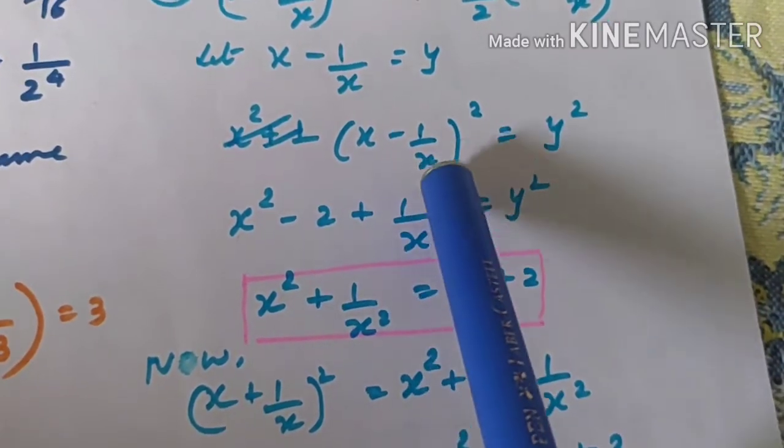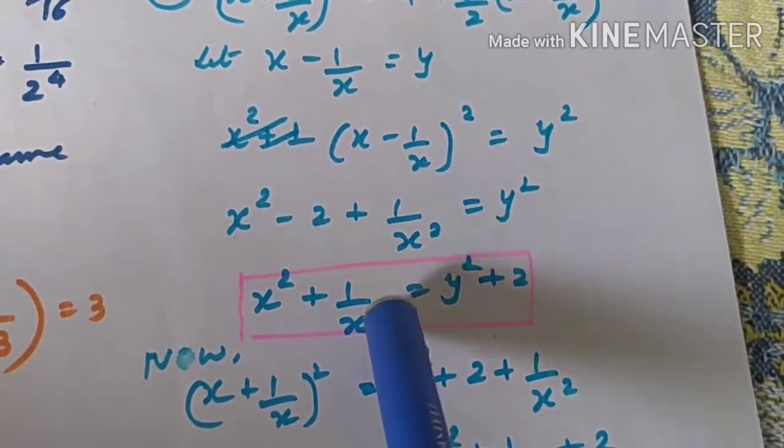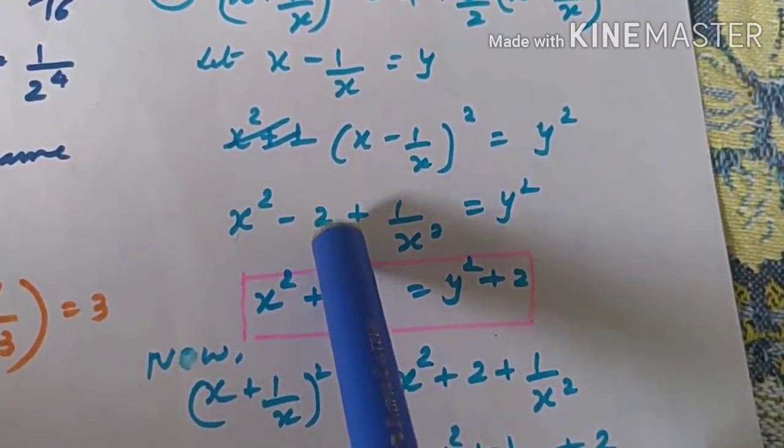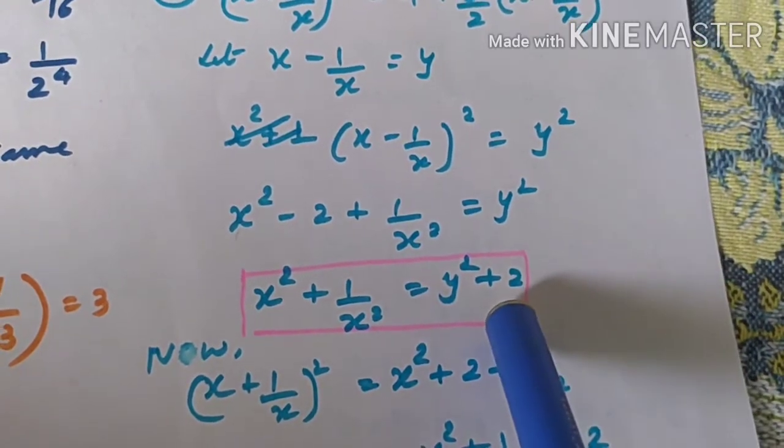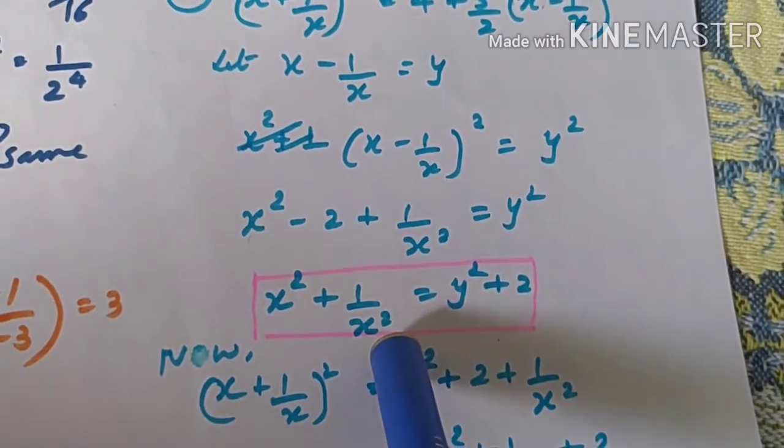This is an (a minus b) whole square type of expansion. Now to get x square plus 1 by x square, this minus 2 I am taking to the right side as plus 2. So this is one value I found, x square plus 1 by x square.